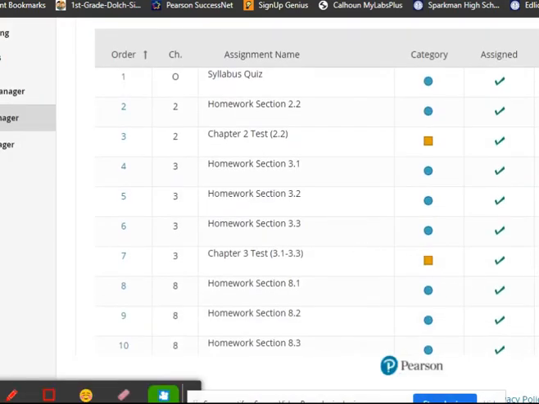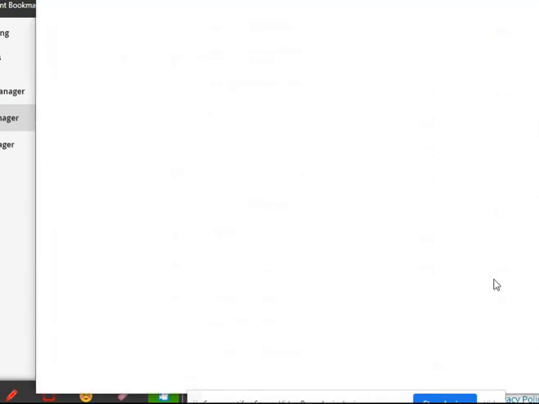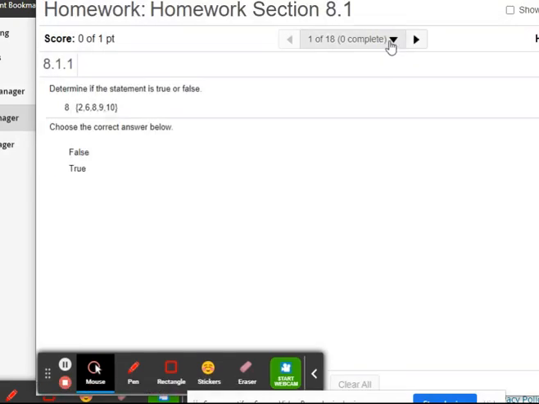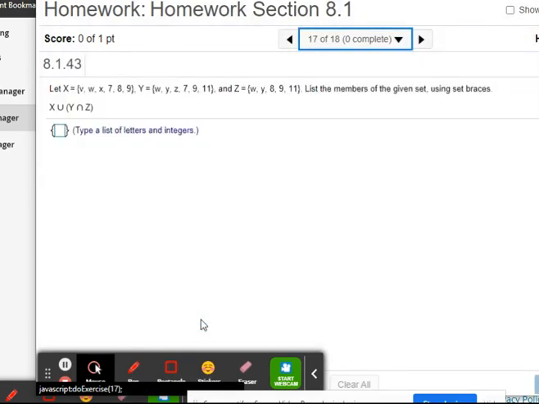I think there was one more problem from section 1. Here we go. This was one that I found kind of hard. There was one problem in the homework that I wanted to share with you because it was a little bit longer or a little bit different than some of the other problems.